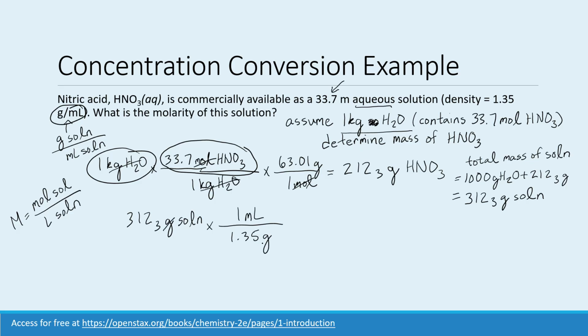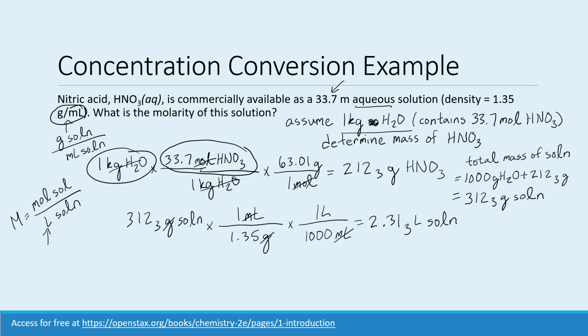We're flipping it so that the grams will cancel, and that gives us milliliters of solution, but of course we want liters, right? So we're going to have to divide by 1,000 milliliters in 1 liter. And so keeping at least 4 digits there, we get 2.313 liters of solution. Okay, so now I know the moles of my solute.